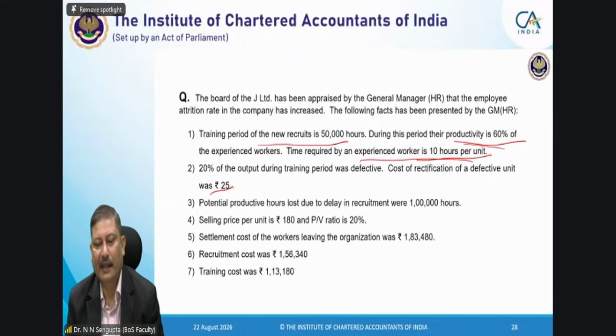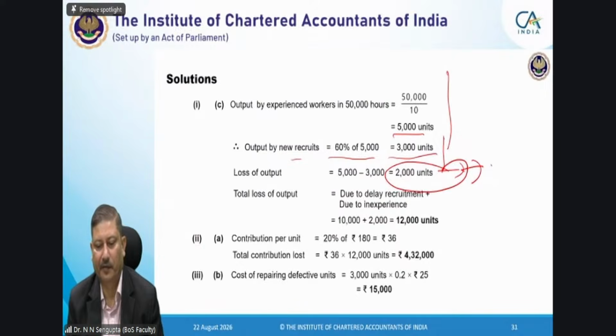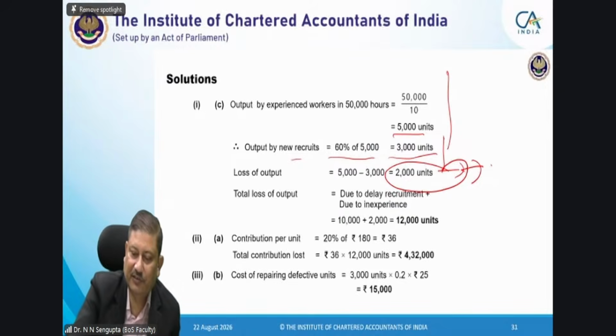And then we have another lost output due to inexperience. So 12,000 units. So that will be your answer.